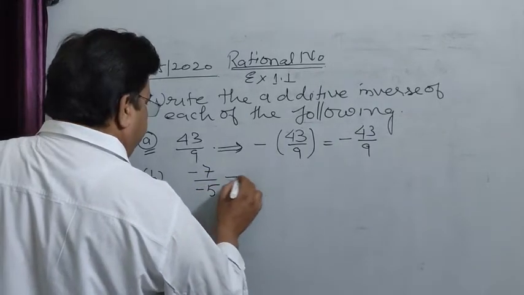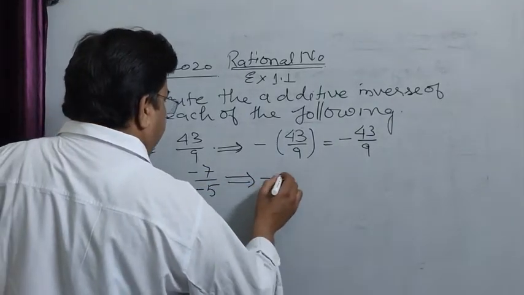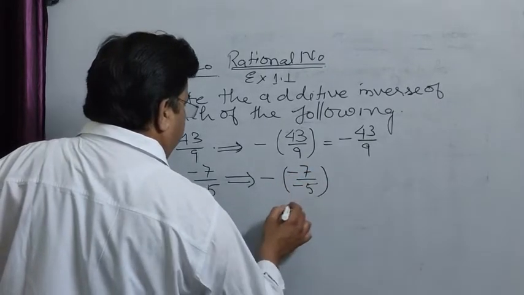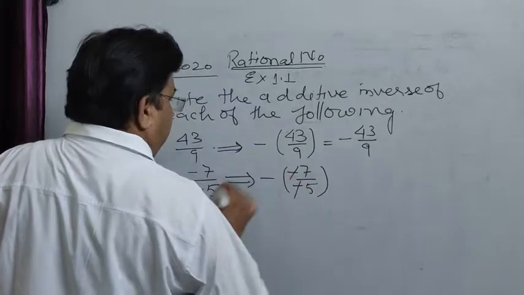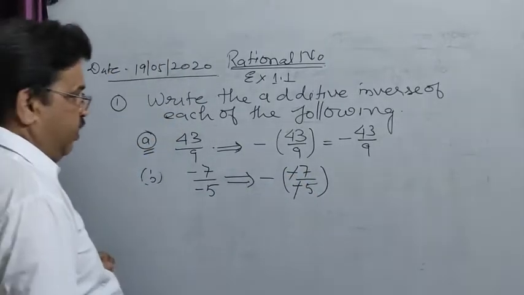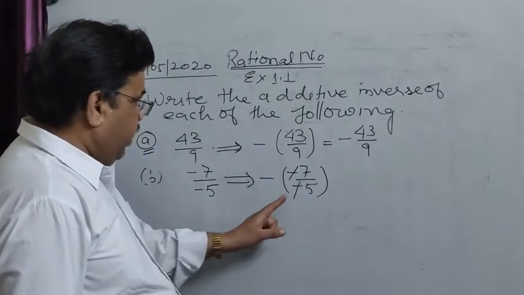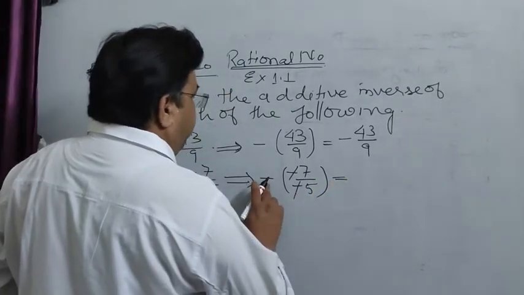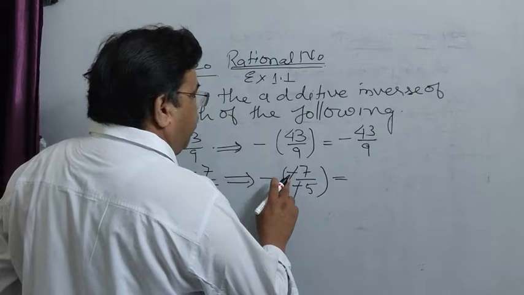And the next one, -7/-5. Write it like this. First of all, minus is cancelled by minus. Now open the bracket and multiply this negative sign with the positive sign.